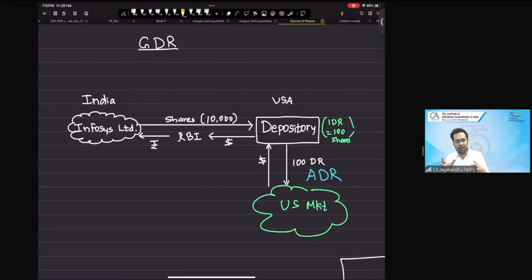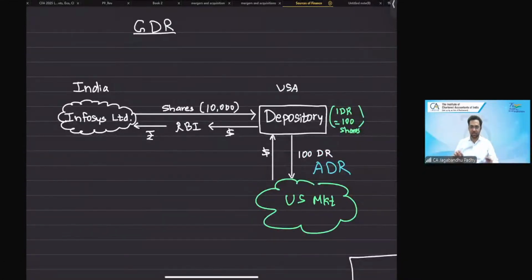Generally, you open a demat account with a broker, but the broker actually is a member of a depository. So that depository is going to hold the shares on behalf of the investor, just like banks hold cash on our behalf.